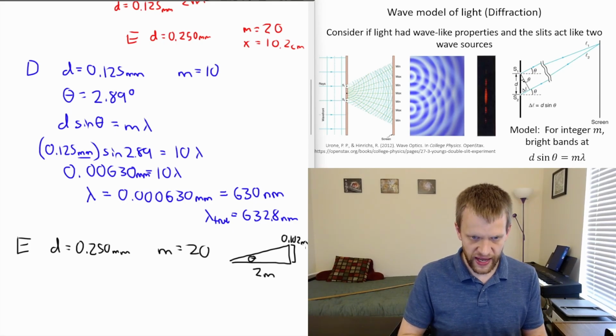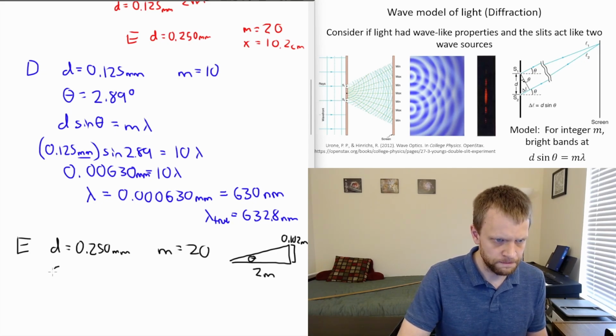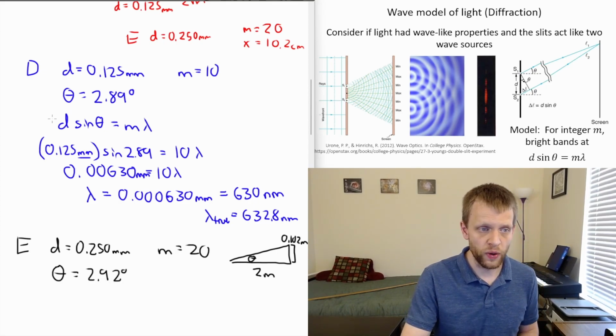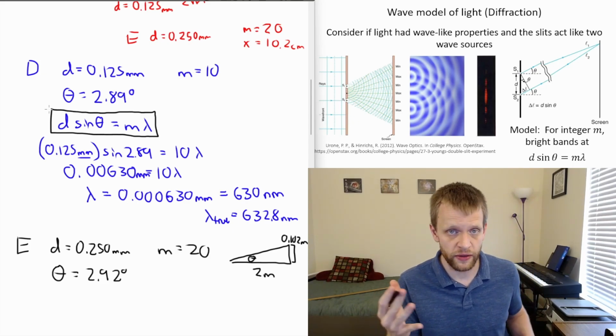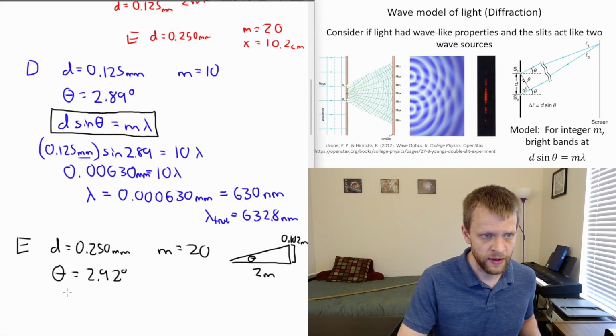If we run that, 0.102 divided by 2 and take the inverse tangent, it looks like that angle is 2.92 degrees. And we are once again subbing that information into this equation to see if we can get another sample for measuring the wavelength of this light.